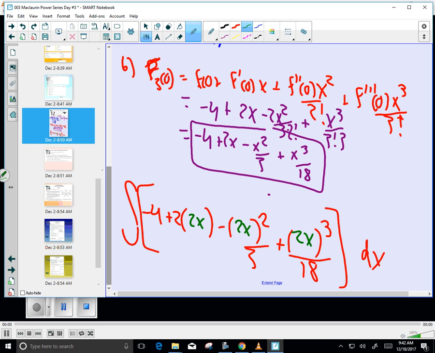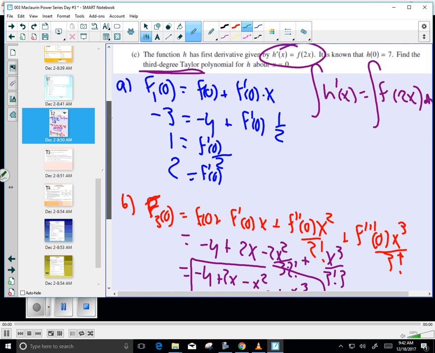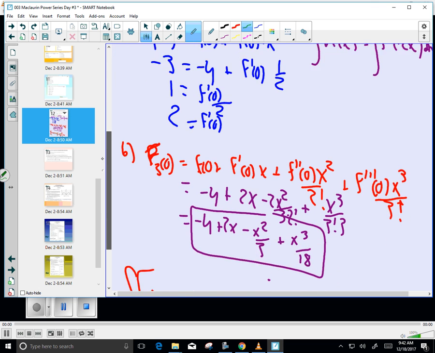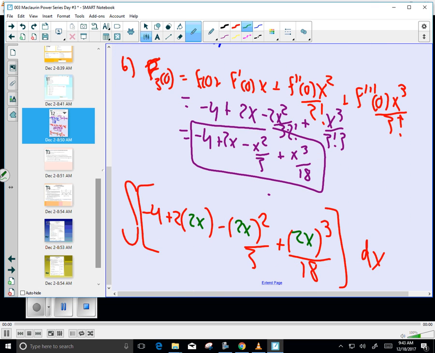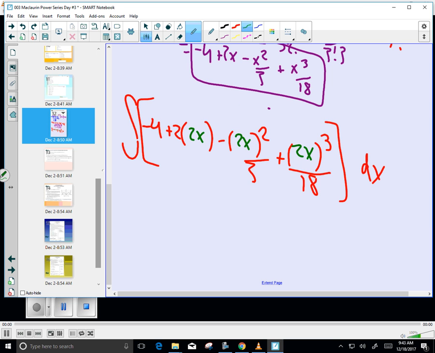So if I have that plugged in, now I can take the antiderivative of f of 2x pretty easily, can't I? Yeah. And so what we're looking at is the integral of negative 4 plus 4x minus 4x squared over 3 plus 8x cubed over 18 dx.